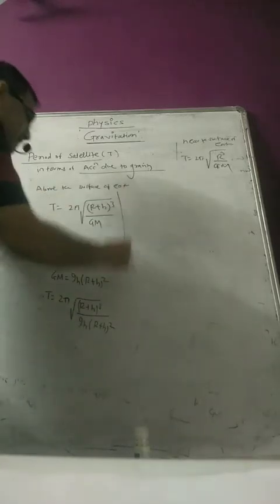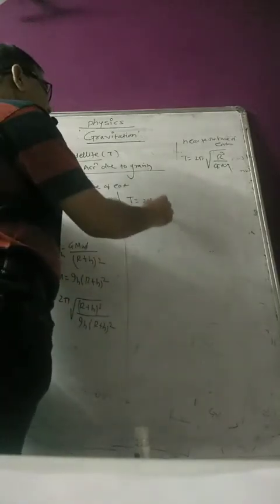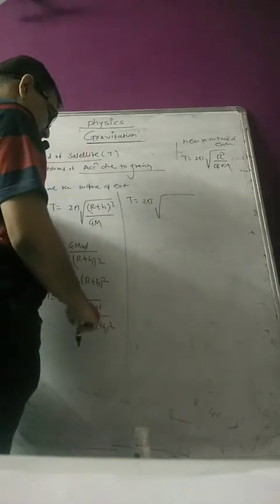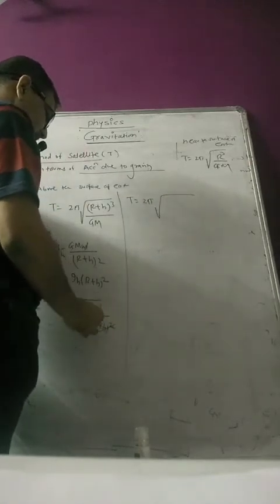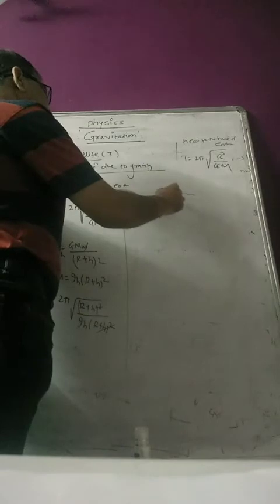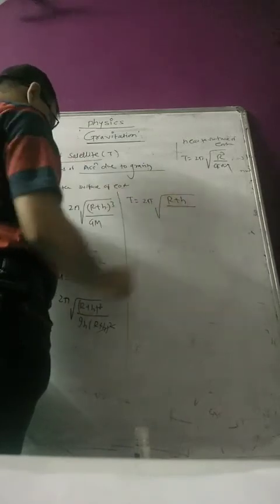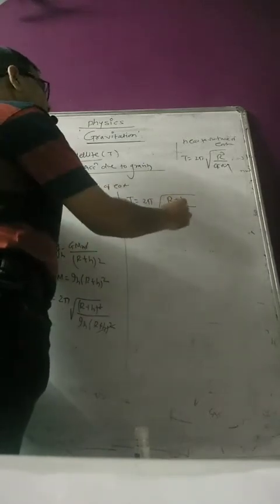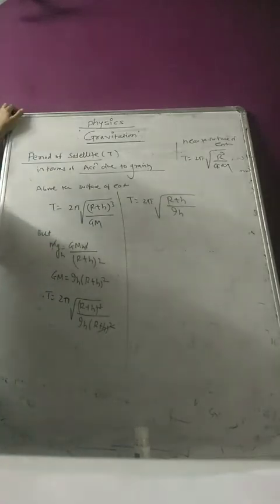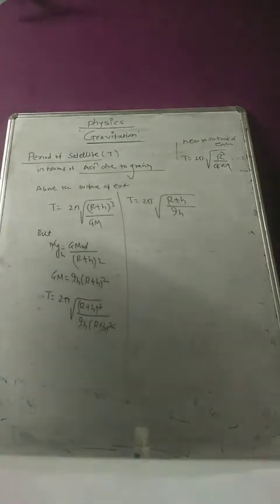So therefore this expression can be written as T is equal to 2π under root of (R+h), square will get cancelled with this. So therefore (R+h) upon g_h. म्हणजे मुलांनो आपण त्याला कशाच्या फॉर्म मध्ये लिहिलं, त्याला acceleration due to gravity. So therefore T is equal to 2π under root of (R+h) upon g_h.